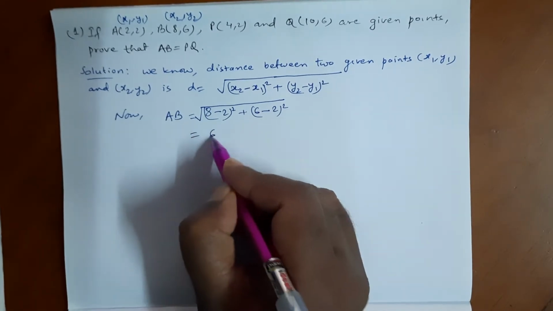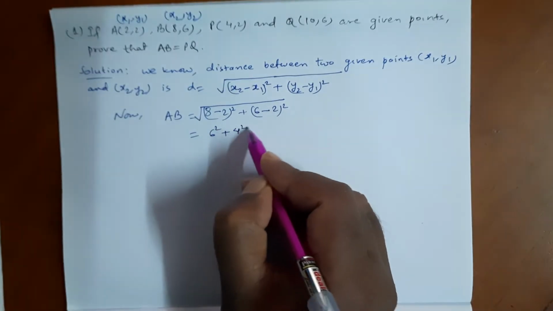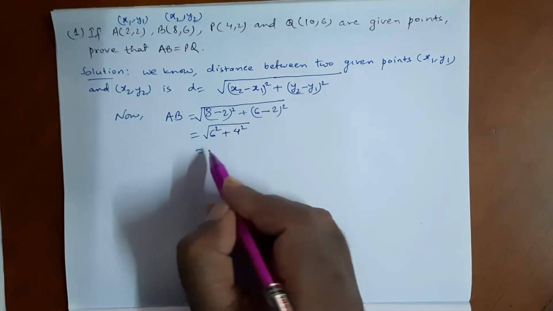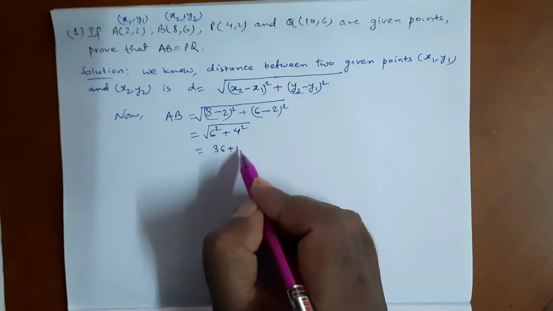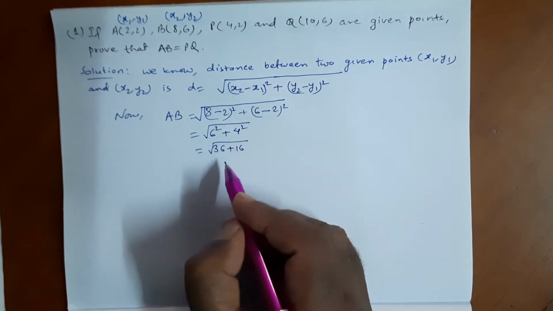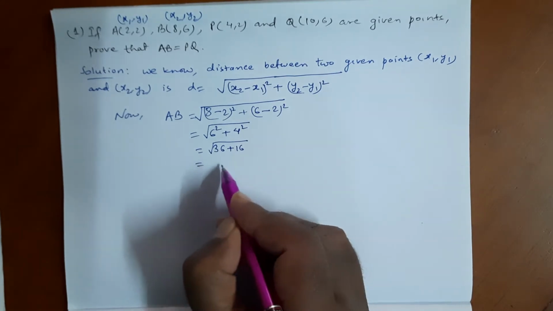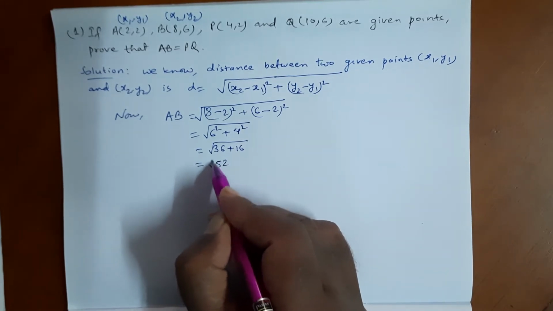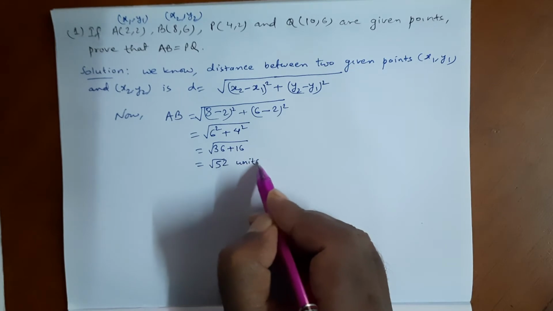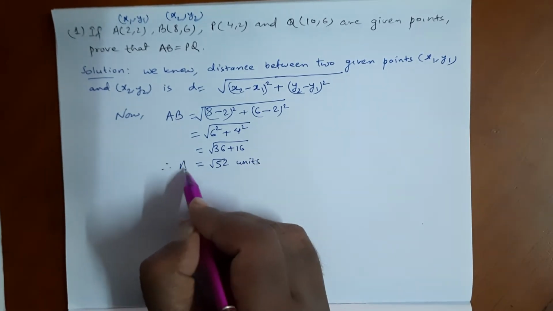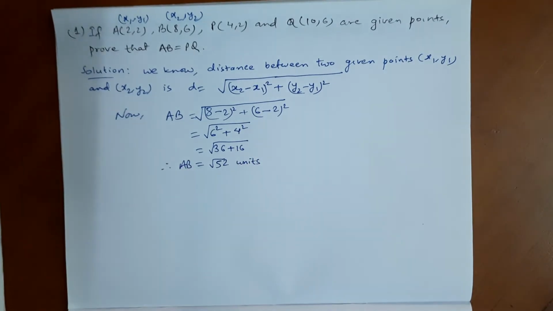This equals 6 square plus 4 square, which equals 36 plus 16, square root of this, that becomes root 52 units. Therefore AB equals root over 52 units.